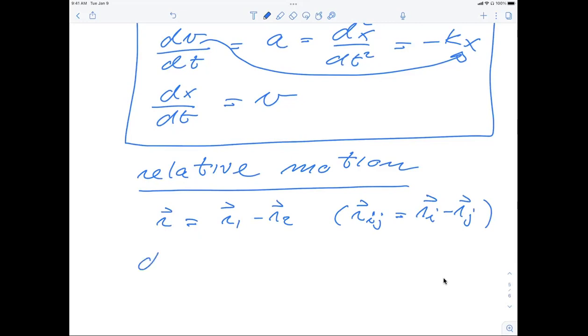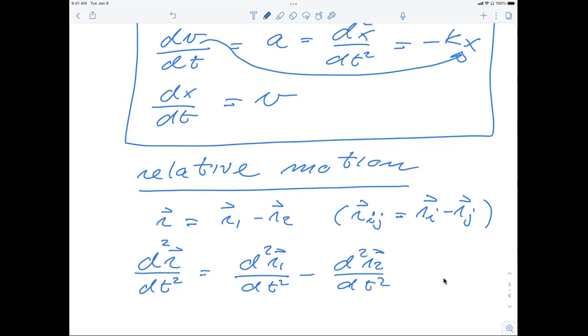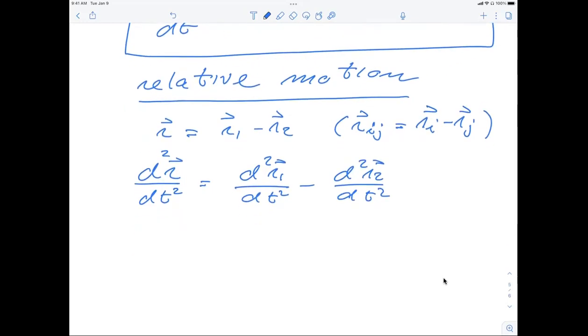This means that if I take the second derivative of r with respect to t, this is obviously the second derivative of r1 minus the second derivative of r2 with respect to t squared. We know that this is the acceleration, so this is something we would call A1 minus A2, right? The second derivative with respect to t is the acceleration.